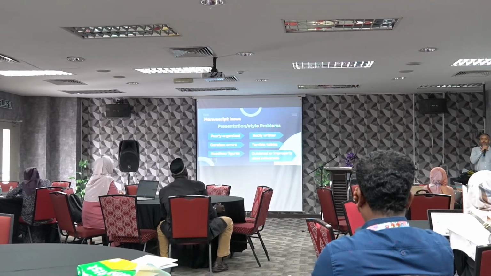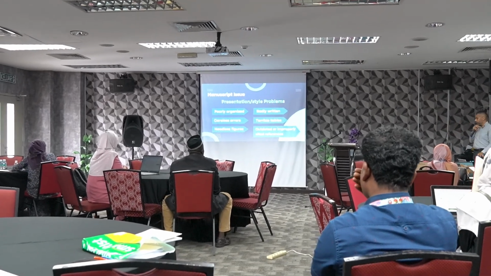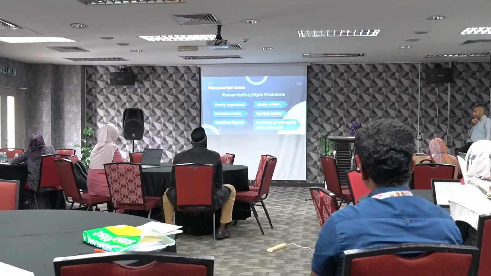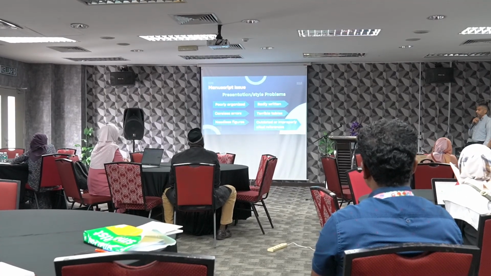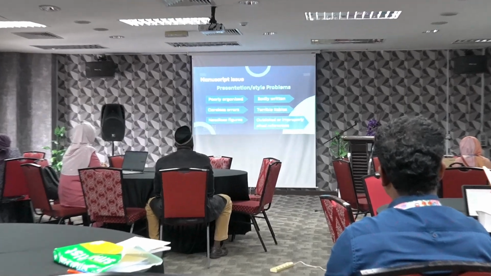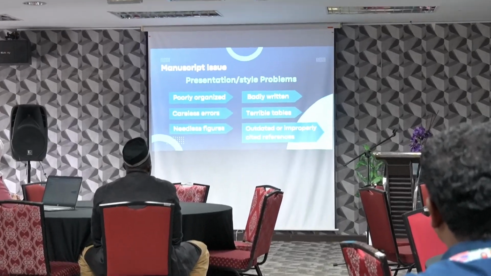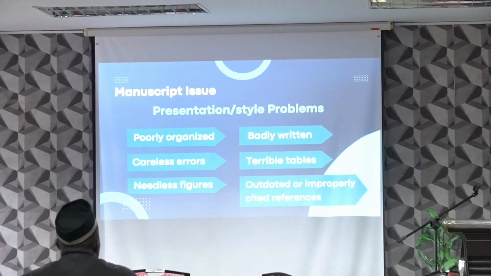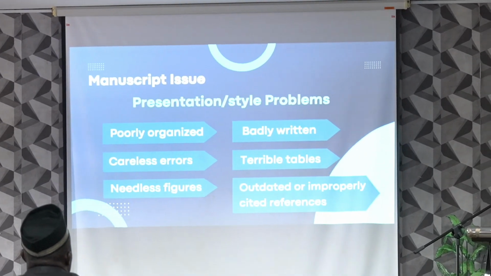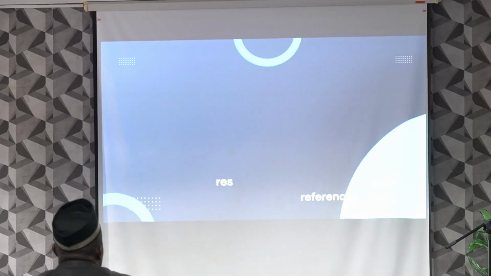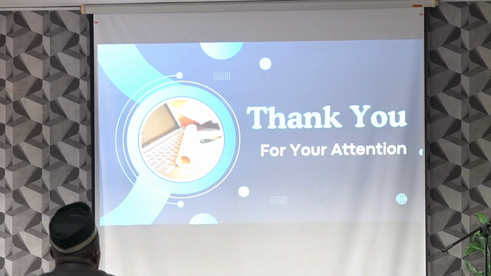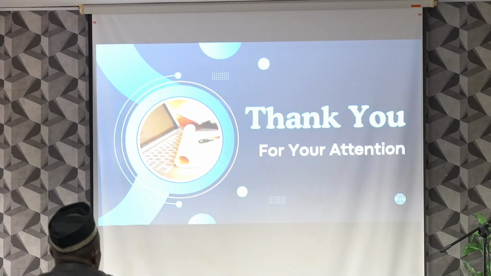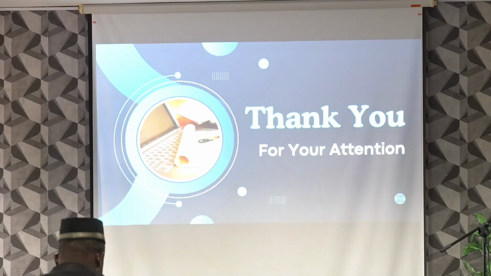Again, some of the things that we can avoid are the organization of the manuscript, the style of writing, unnecessary figures, tables, and outdated and improper citation. These are all deal breakers for Springer Nature.